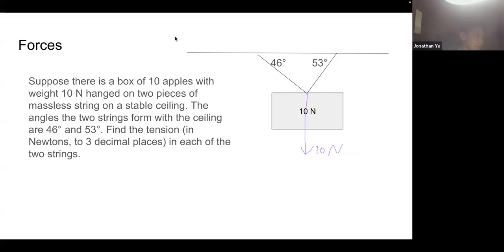So this is one tension force, and this is another tension force. The tension forces are in the same directions as the string. Try to find the magnitude of the tension forces to balance out the system.